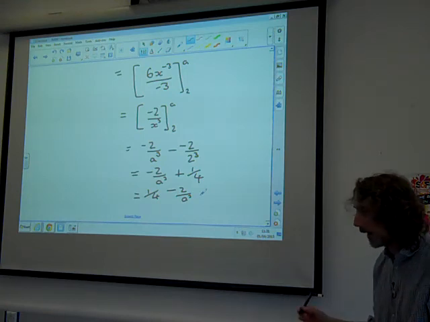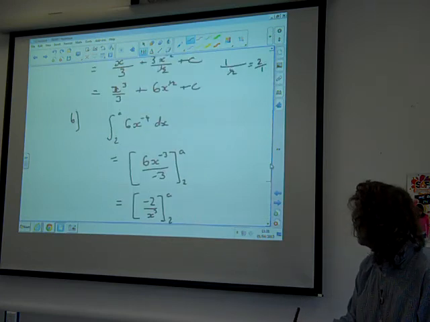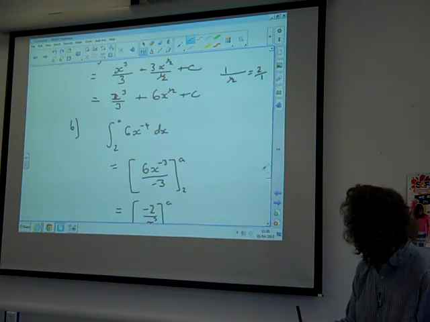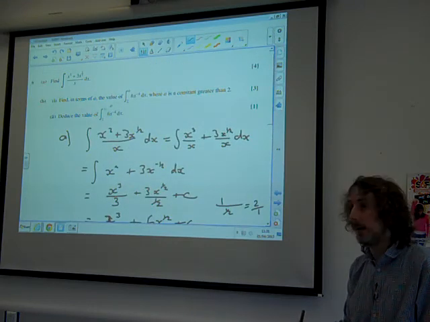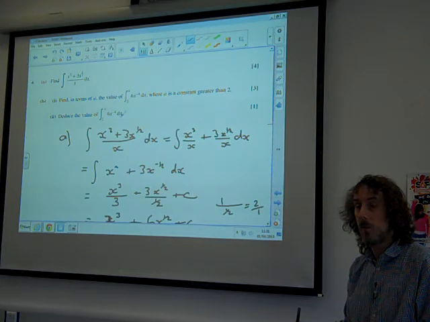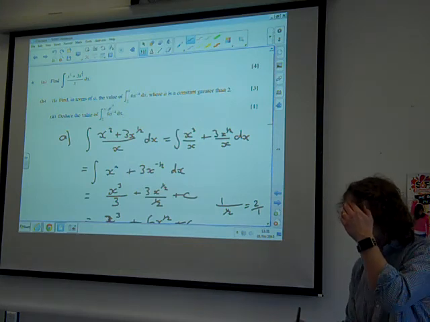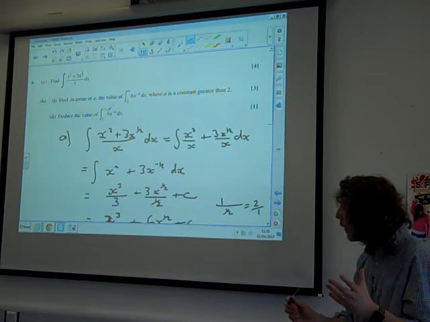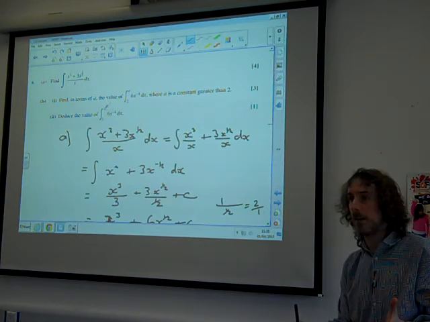Now, I'm not entirely sure how others would have done this, but with my group, when we did questions like this here, which we call an improper integral, the integral from 2 to infinity of 6x to the minus 4, I suggested that we don't work with infinity in that.